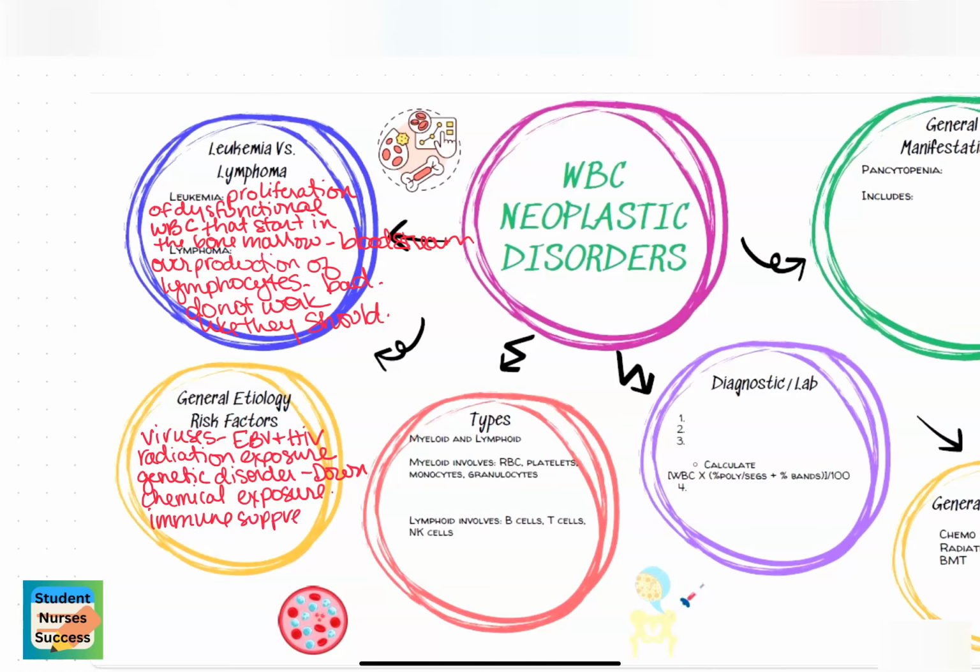If you suppress your immune system, then you reduce your body's ability to keep those mutated cells in check. And what happens is then they tend to proliferate and grow.